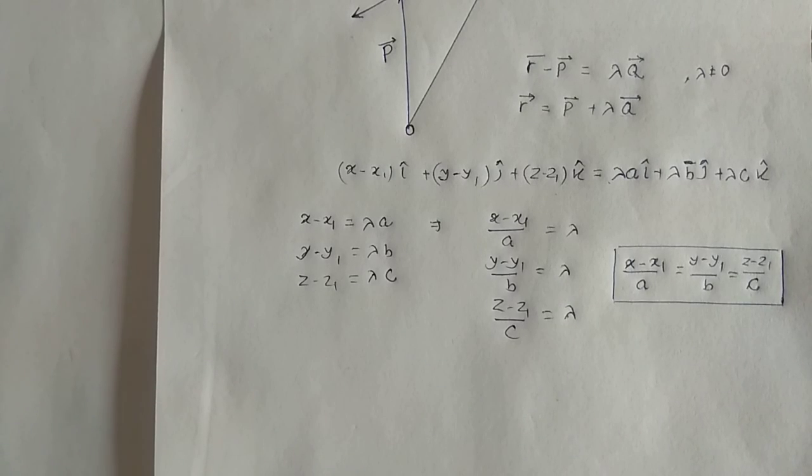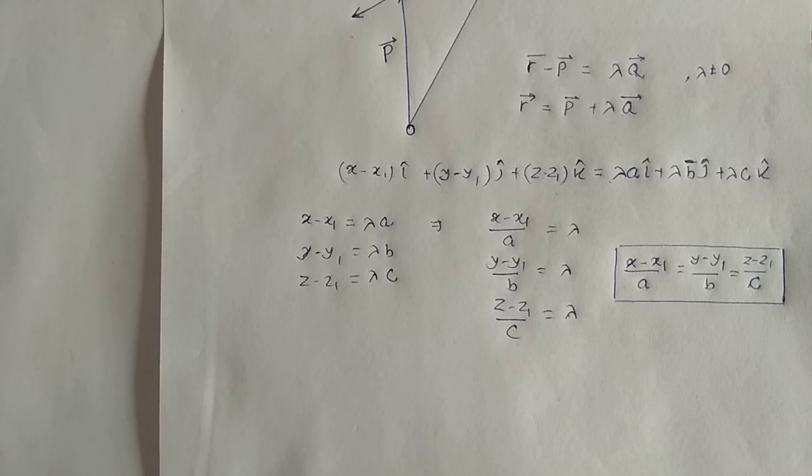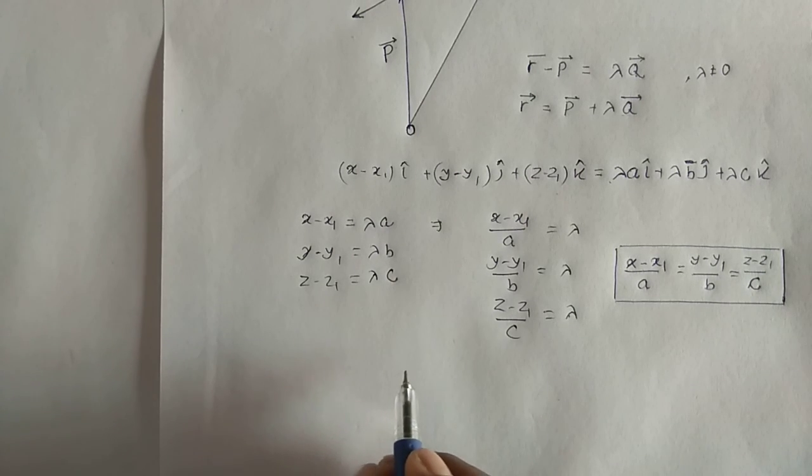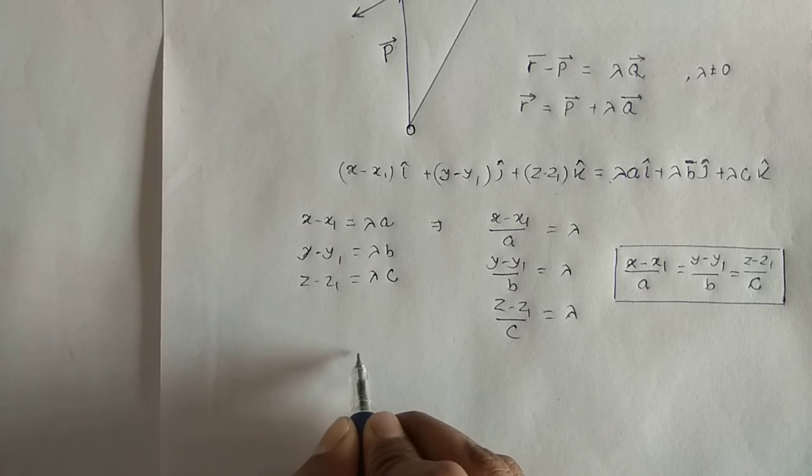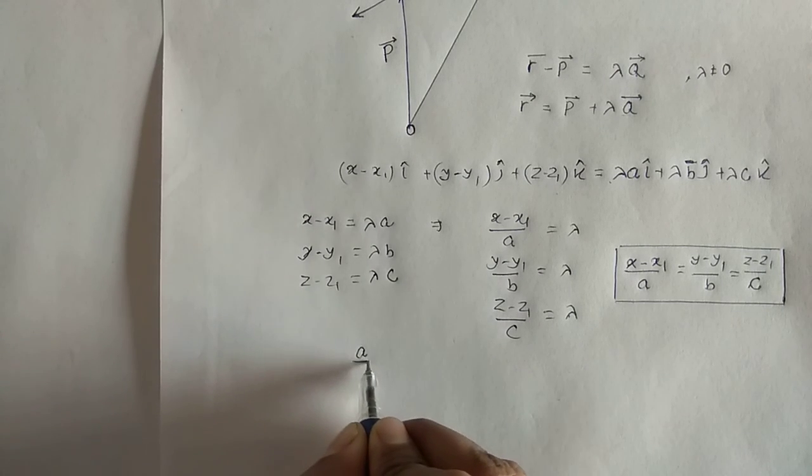You know that direction ratios are proportional to their direction cosines. Direction ratios are never called direction cosines, but direction cosines may be called direction ratios. Suppose l, m, n are the direction cosines of the same line.